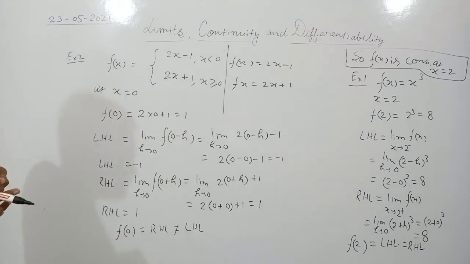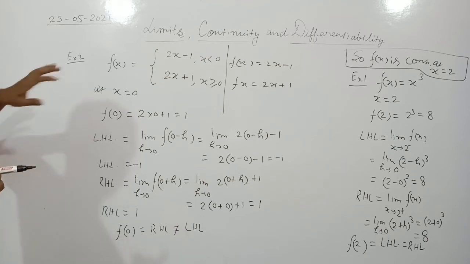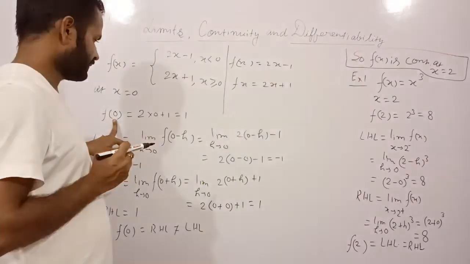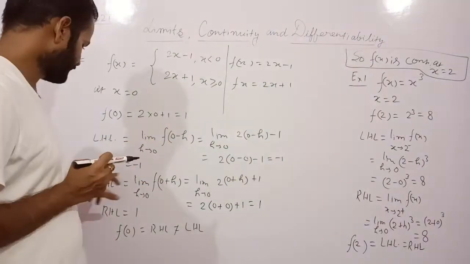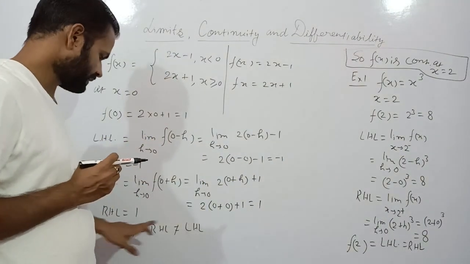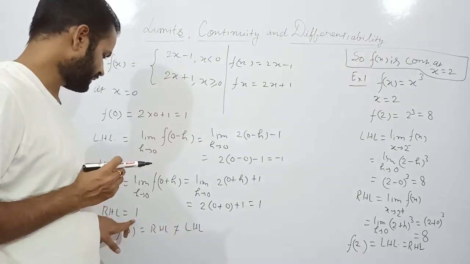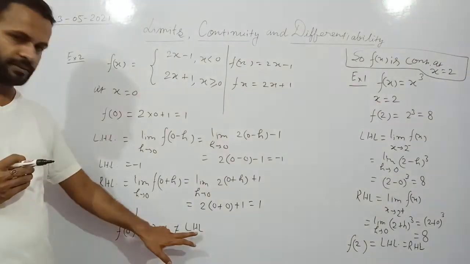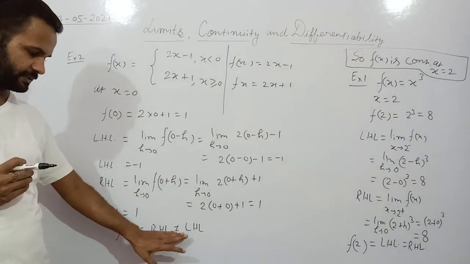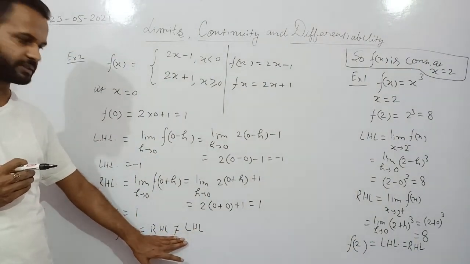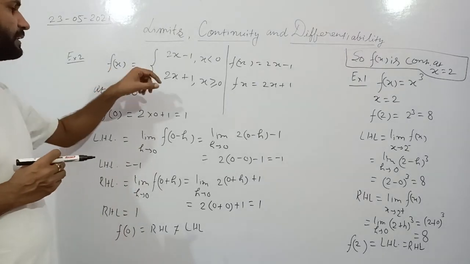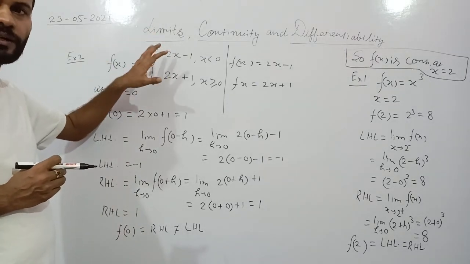So the second condition of continuity is not satisfied. The first condition is complete, as f(a) is defined, LHL is defined, RHL is defined, but the second condition is not satisfied.